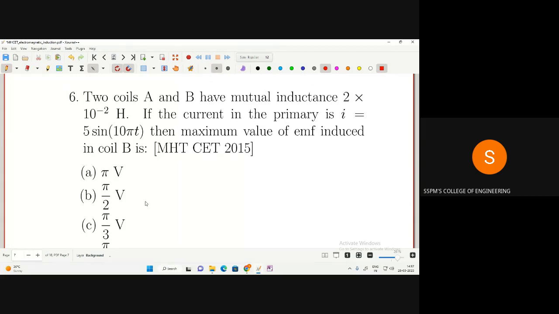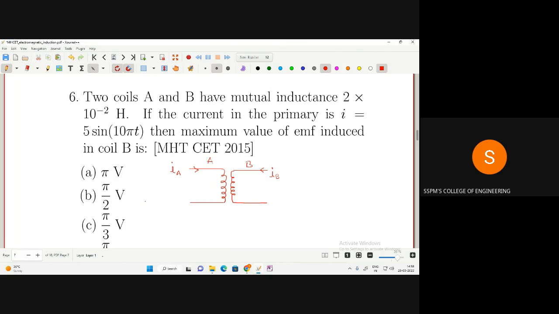So let us first draw the diagram of the coils. The coil A and coil B are placed near each other. Suppose this is coil A and coil B is here. This one is coil B. Now consider the current flowing through coil A is IA and the current flowing through coil B is IB.